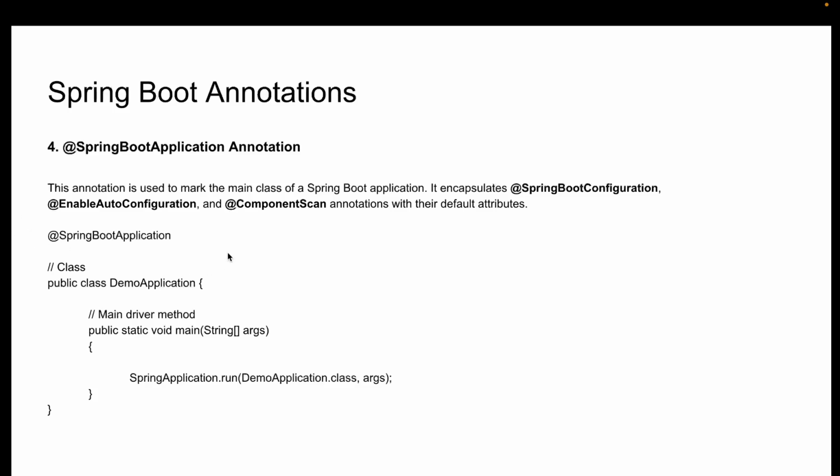So this @SpringBootApplication is the most important annotation that you will be using in your main class, meaning the class which is responsible for starting your Spring Boot application. So this is the feature of this annotation.